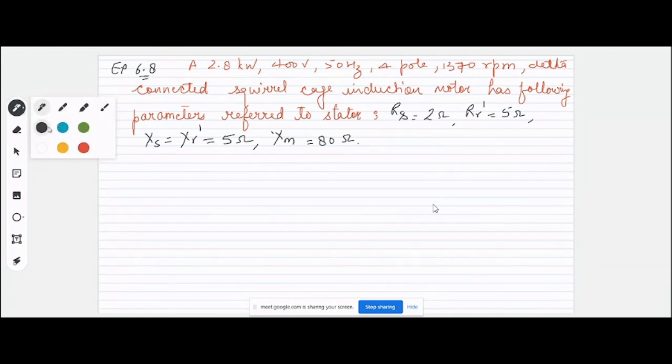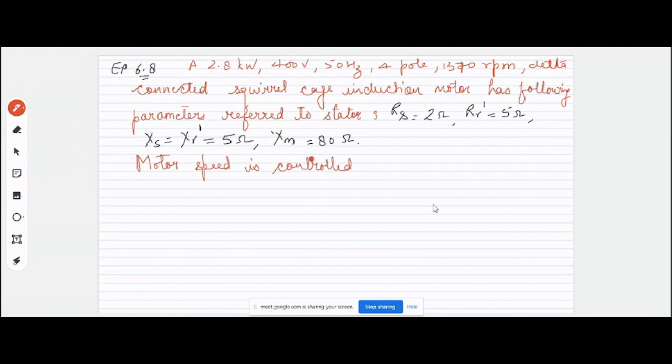Now what they are saying is that the motor speed is controlled by stator voltage control, the method which we have just discussed, right?